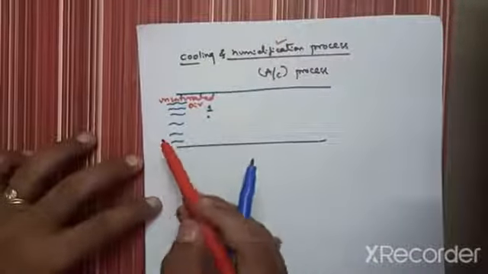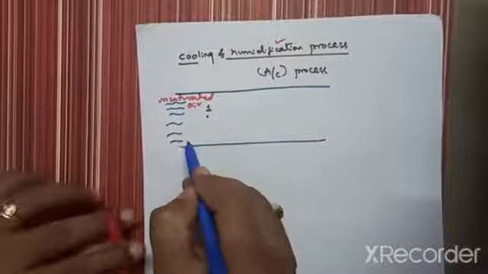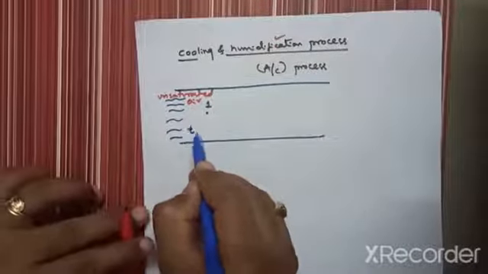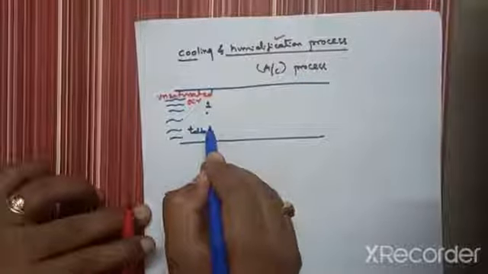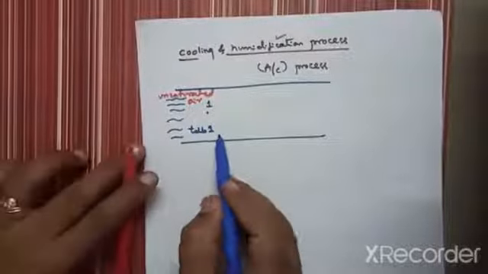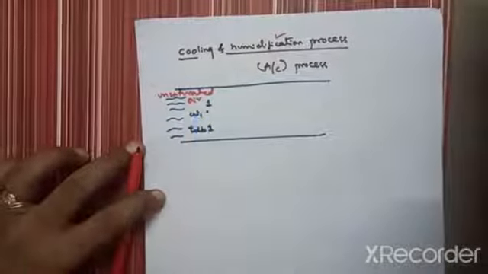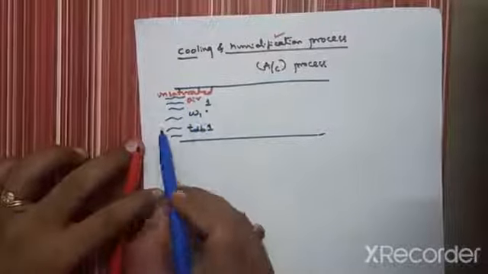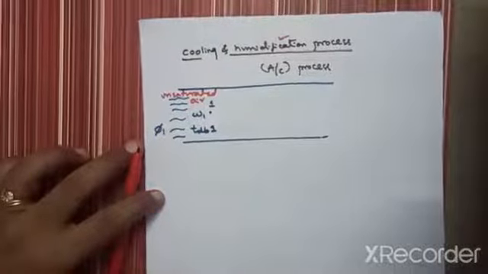And at the same time, the temperature of the air is higher. The dry bulb temperature at point number 1 is TDB1, the moisture content at point number 1 is omega 1, and the relative humidity at point number 1 is phi 1.